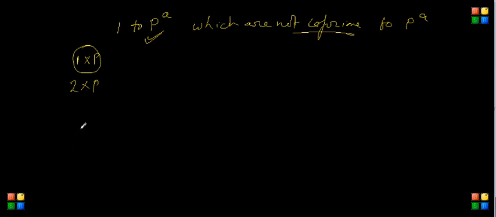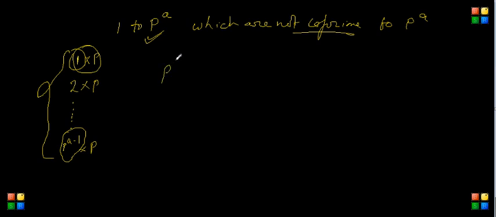And which will be the largest number less than or equal to p to the power a which will not be coprime to p to the power a? The number itself, obviously. It can be written as p to the power a minus 1 into p, right? So essentially we are talking about numbers from 1 into p to p to the power a minus 1 into p. How many integers are there?